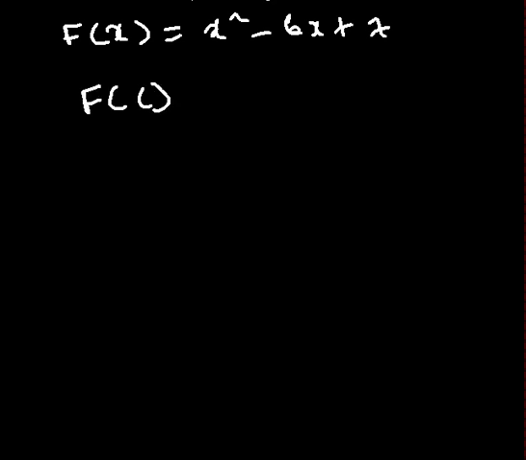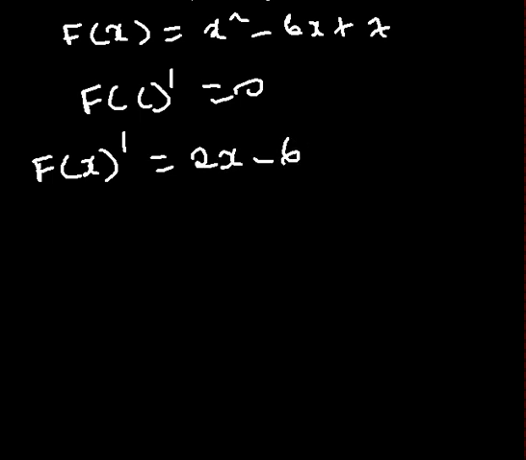Let's say we have a function f of x is equal to x squared minus 6x plus 7. In order to find the critical values, we use Fermat's theorem, which says that f prime of c is equal to 0, and therefore we need the first derivative, which is given as 2x minus 6.